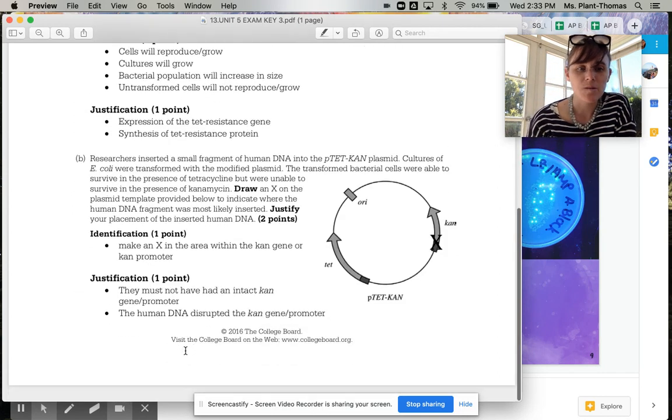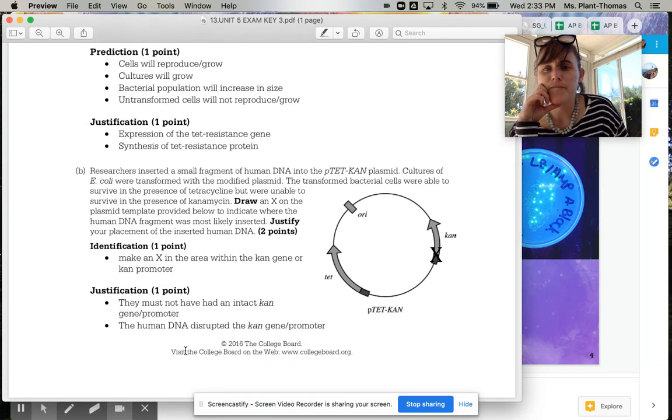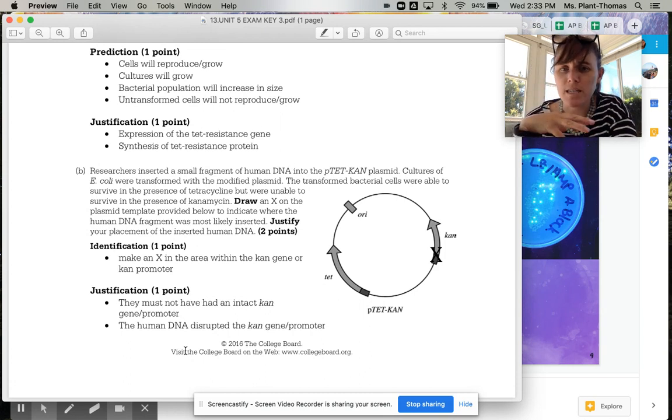Okay, the next part of this question says that the researchers put this human DNA in, and now all of a sudden the bacteria is not able to survive in the presence of kanamycin. So you had to draw the X somewhere on the spot here for the kanamycin resistance gene.